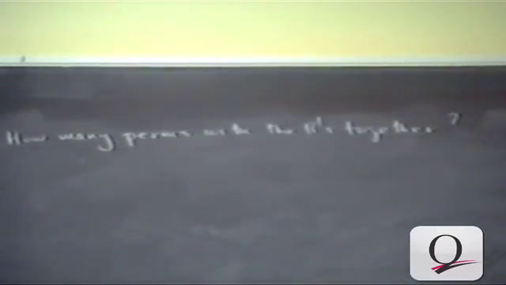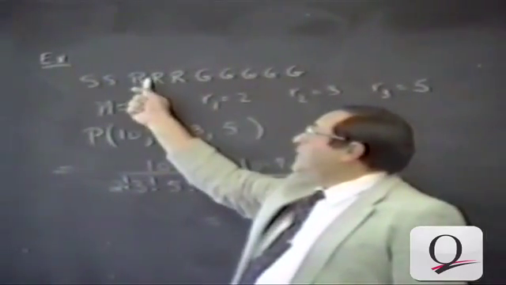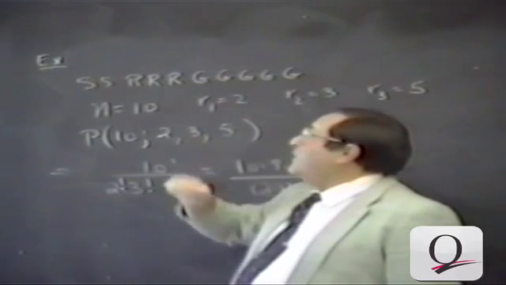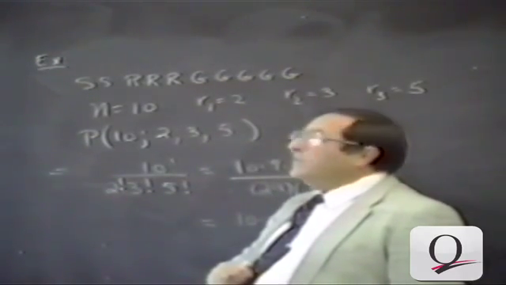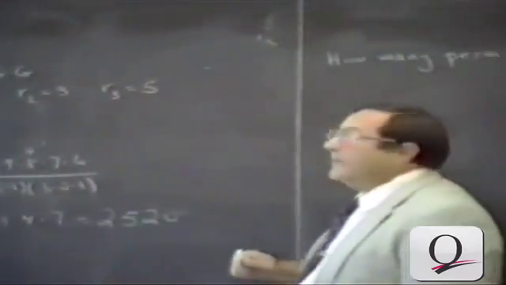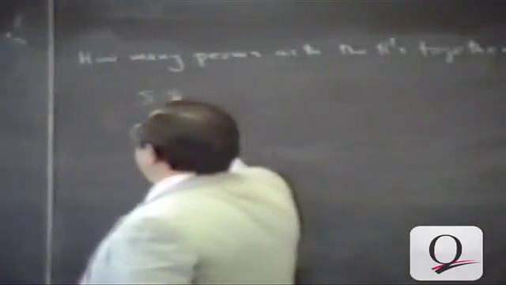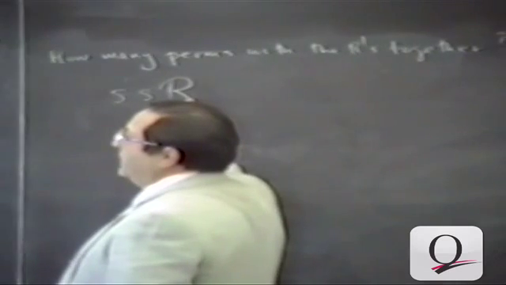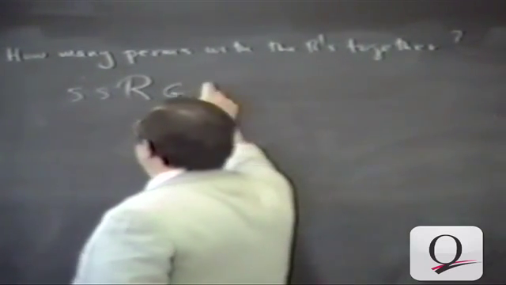What I do know is I consider the R's as one unit, as if they were tied together into one unit. So now, effectively, I have the following. I have S, S, R, standing for all those 3 R's.